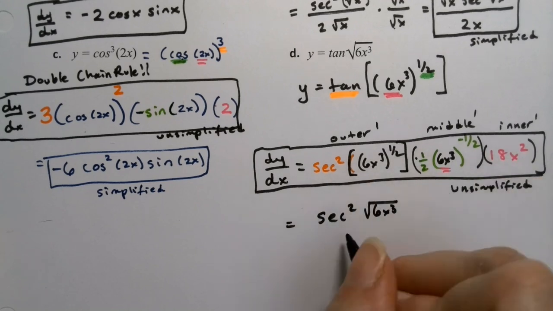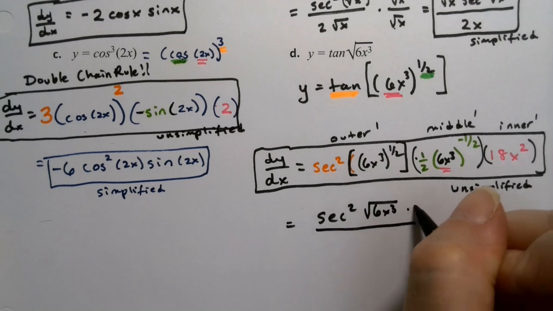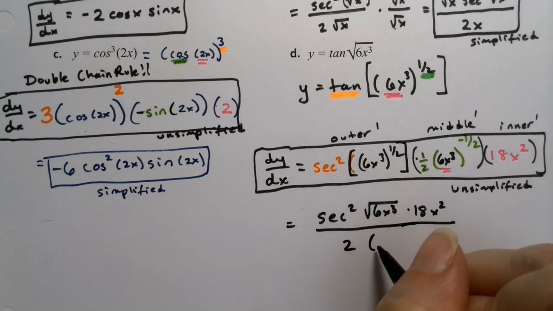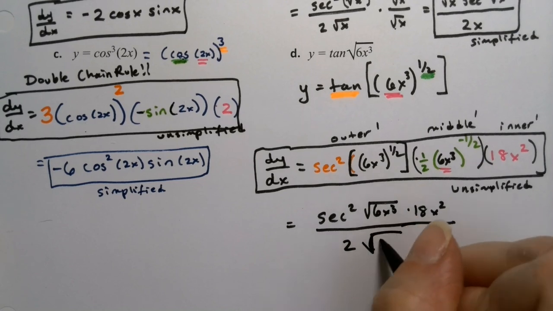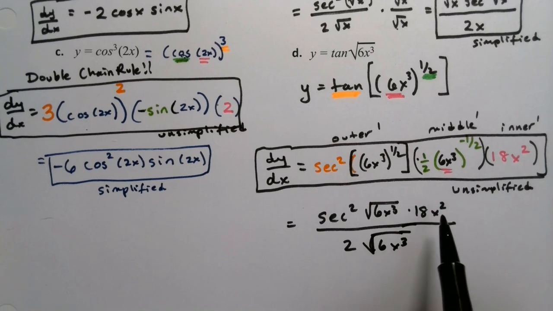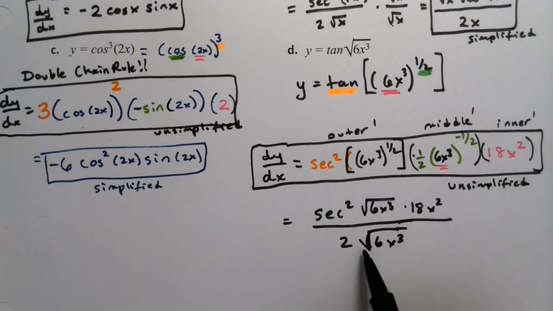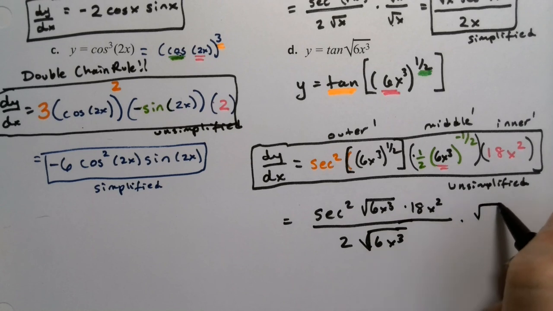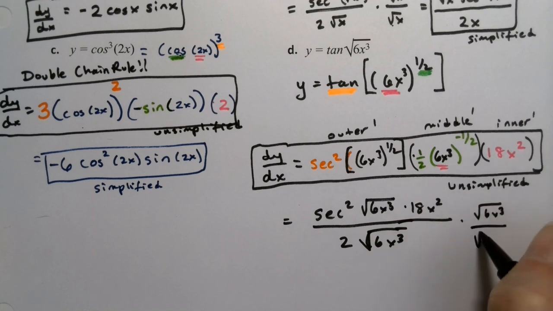Times 18x squared, and then the 2 and the square root of 6x cubed go down here. Right? All right, so not good to leave the whole square root of 6x cubed in the denominator, but you know what you're going to do. 2 goes into 18 9, and then you can multiply by the square root of 6x cubed over the square root of 6x cubed if you want to rationalize, if you're feeling in the mood.